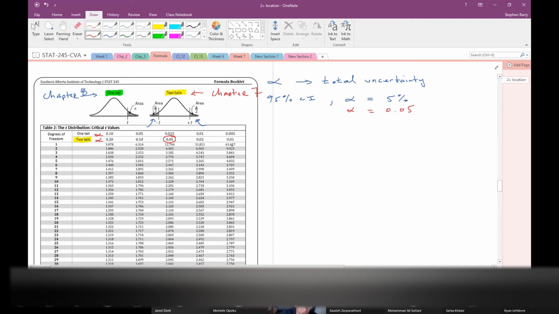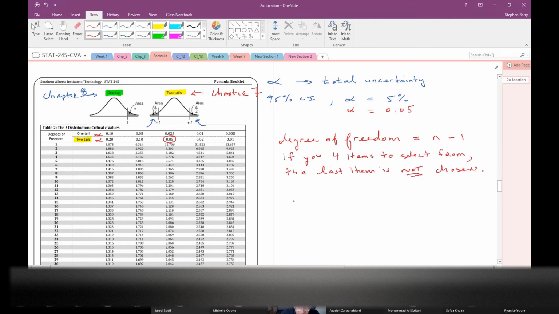All right. Now, degrees of freedom is the next thing we have to figure out. I talked about this, I believe, in chapter 3. This is why this course is cumulative, because you have to keep recalling these things from previous chapters. A degree of freedom, in this case, is going to be your sample size minus 1.